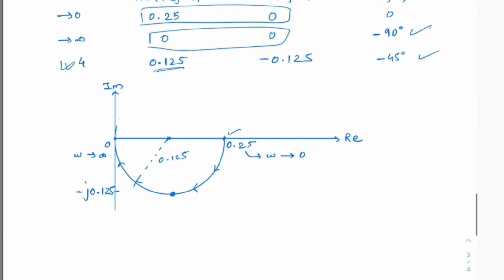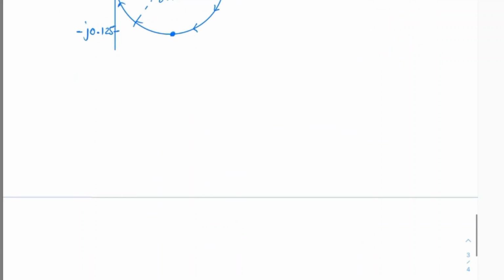So the second part is G of s, s plus 2 over s plus 10.